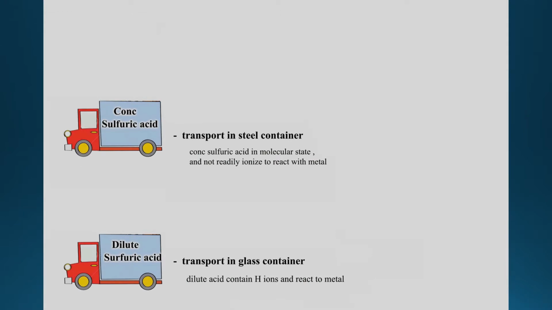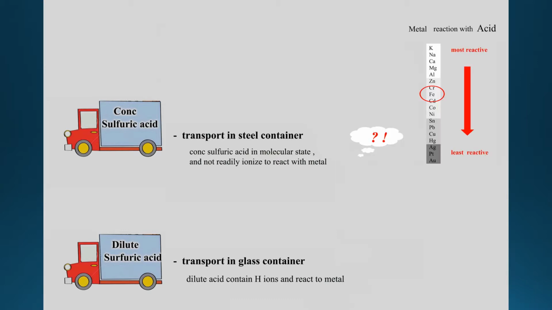And when you're transporting sulfuric acid, concentrated sulfuric acid, you can put it in a steel container. Dilute sulfuric acid, you put in a glass container, which will be okay.